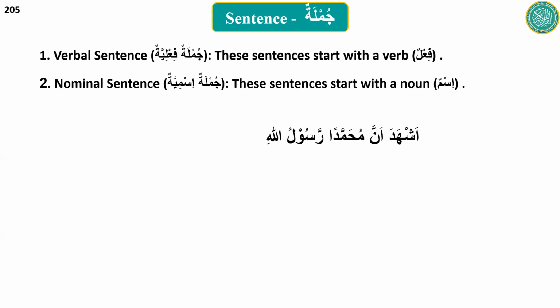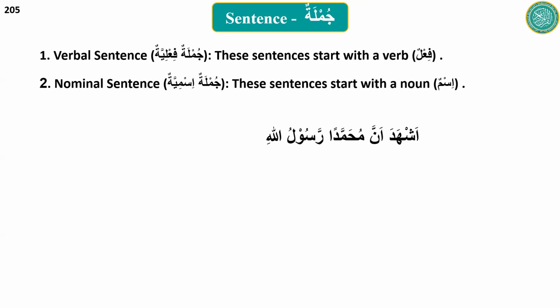Okay. I have written in front of you on this slide, there is a jumla, a sentence. Can you tell me, is it jumla fi'liya or jumla ismiya? It's jumla fi'liya. Why? Because the first word is a verb.